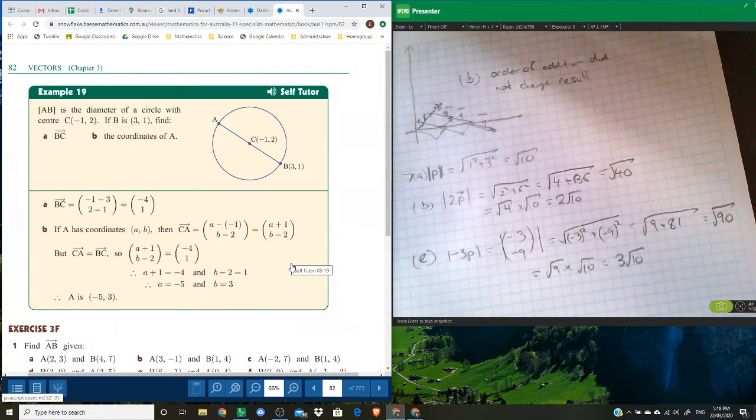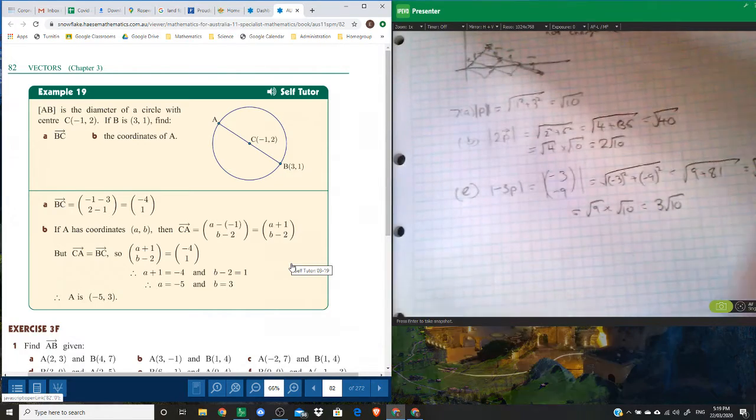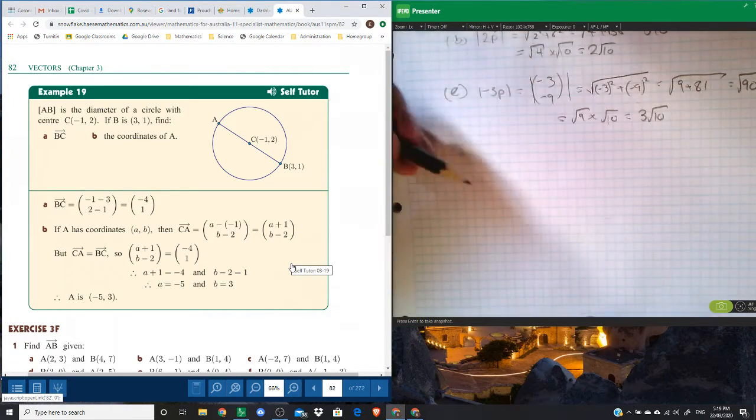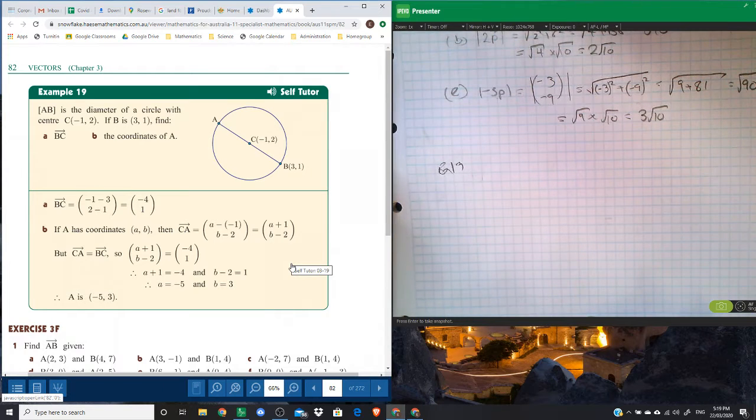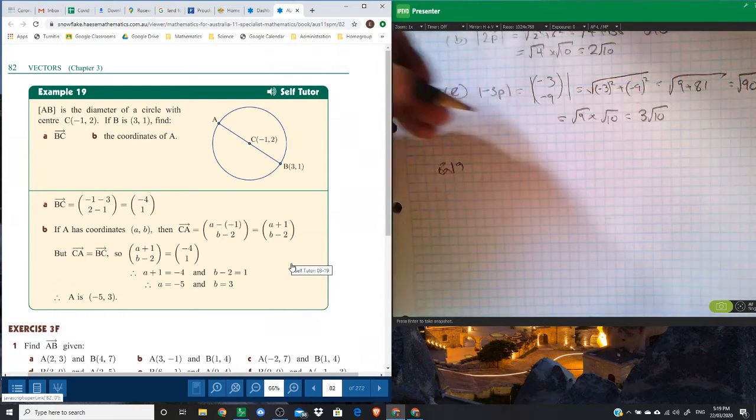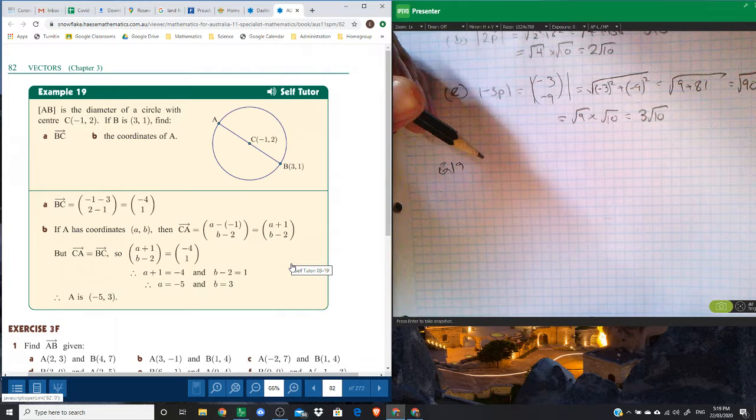I'll take this one for example, example 19. AB is the diameter of the circle with center there, then find the coordinates of A. So A is the other endpoint of the diameter of the circle.